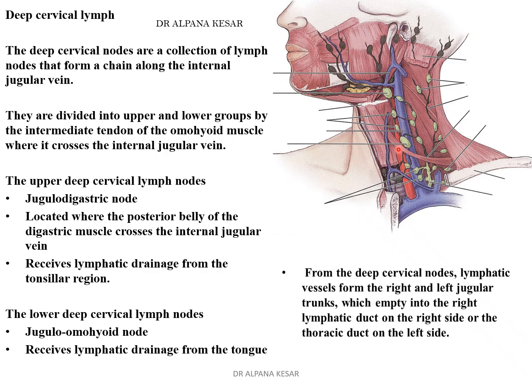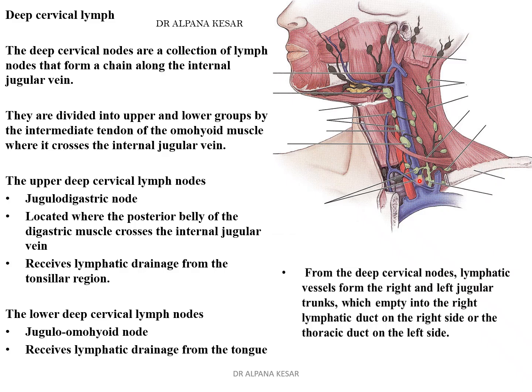The intermediate tendon of the omohyoid muscle crosses the internal jugular vein and divides the deep cervical lymph nodes present along the internal jugular vein into two groups. Those lymph nodes which are present above the intermediate tendon of omohyoid are called upper deep cervical group of lymph nodes, and those which are present below the omohyoid muscle are called lower deep cervical group of lymph nodes.